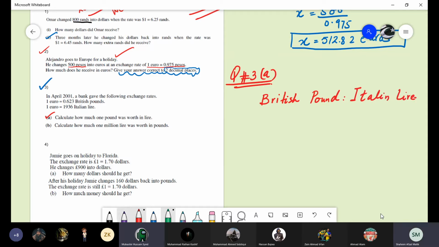So what will be the first heading? €1 is equal to 0.623 British pounds, and €1 is equal to 1936 Italian lira. It means these currencies are equal to each other. So we have to compare the pound and the Italian lira.